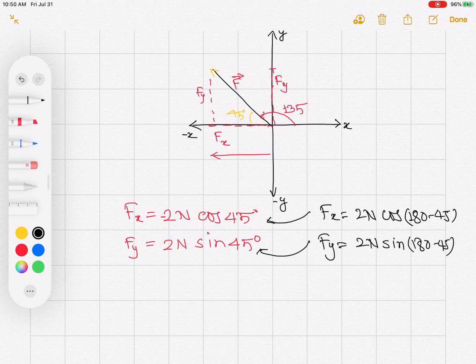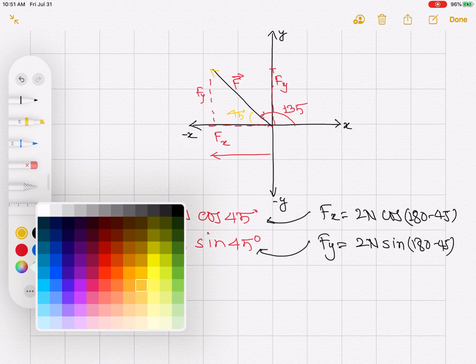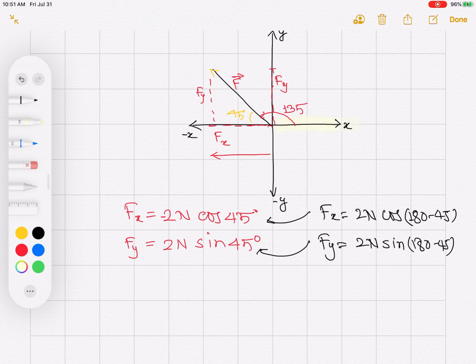So you need to consider whether you are taking the angle made with the positive x-axis. Be careful on that: the angle made with the positive x-axis.